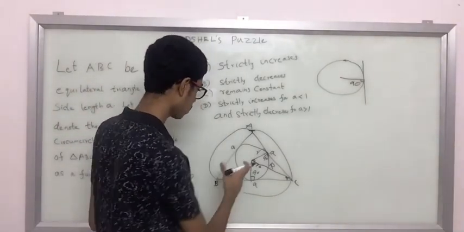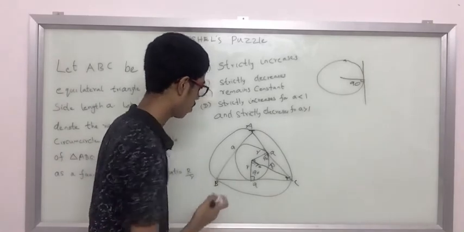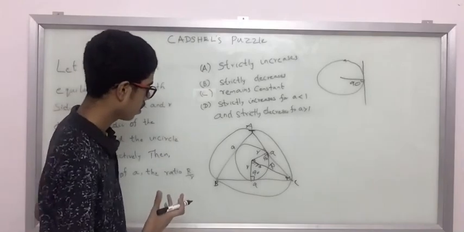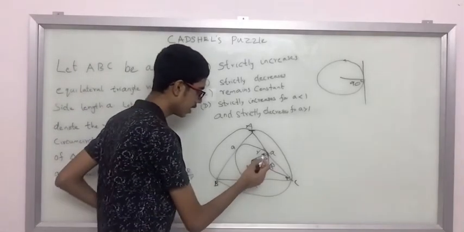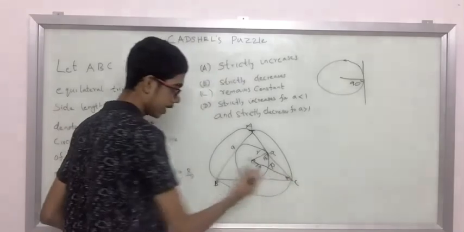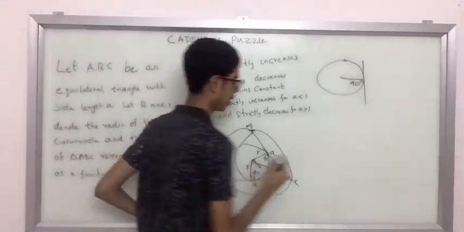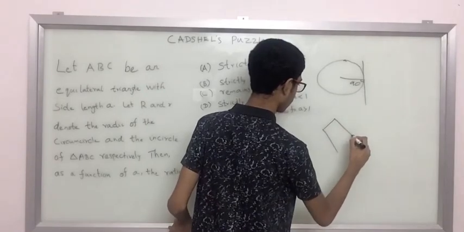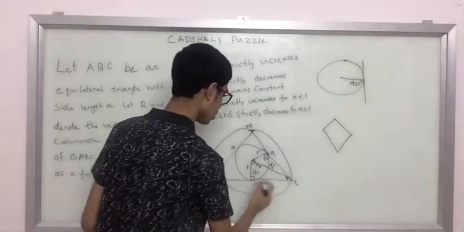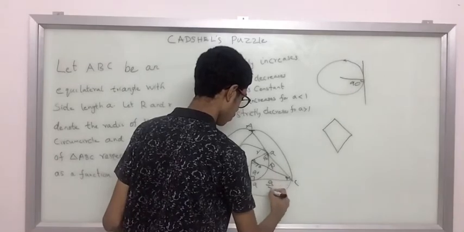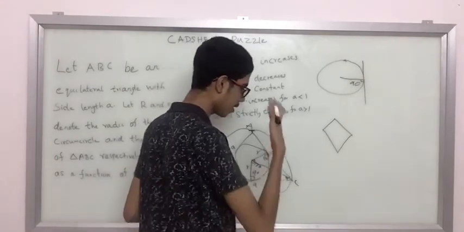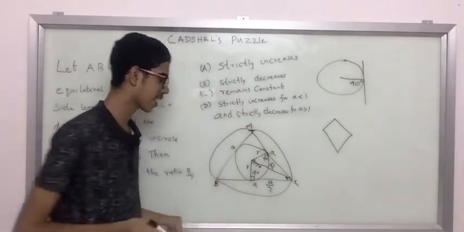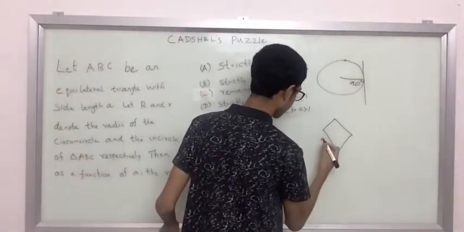Now, what is this? A kite. This is a kite. I'll draw that kite here. This length is a by 2, because it's the median, altitude, angle bisector, everything, since it's an equilateral triangle.